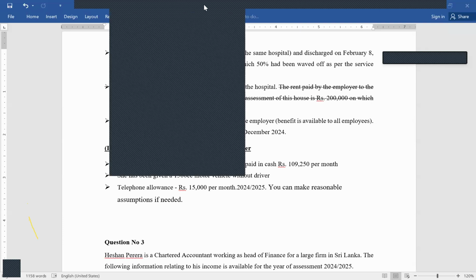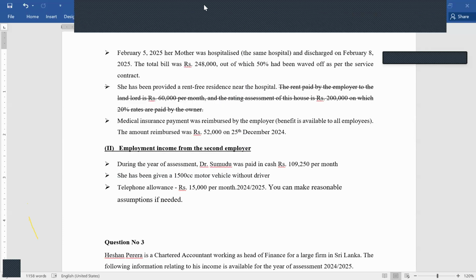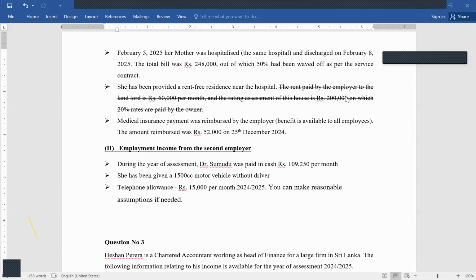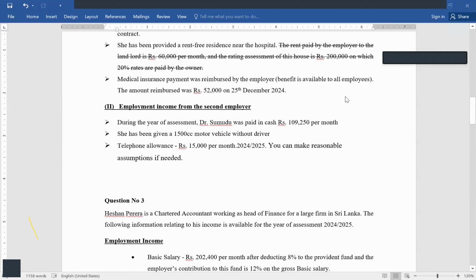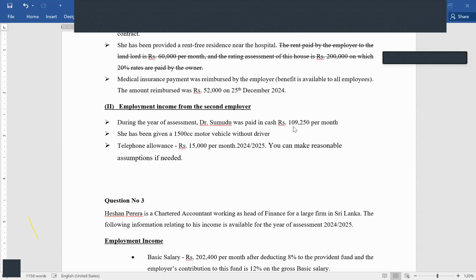Yes, not applicable. Okay. Then now we have already calculated primary employment. Now we can go to the second part, that is employment income from second employer. During the year of assessment, Dr. Sumudhu was paid in cash rupees 109,250 per month.